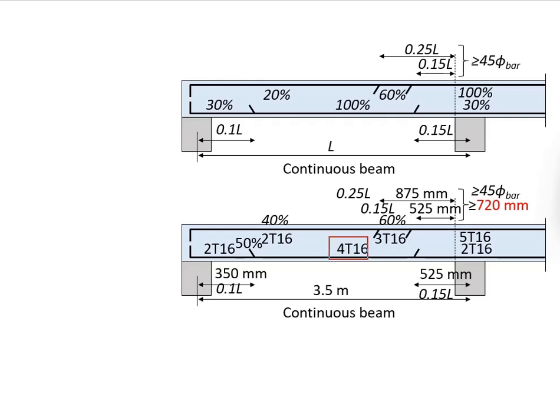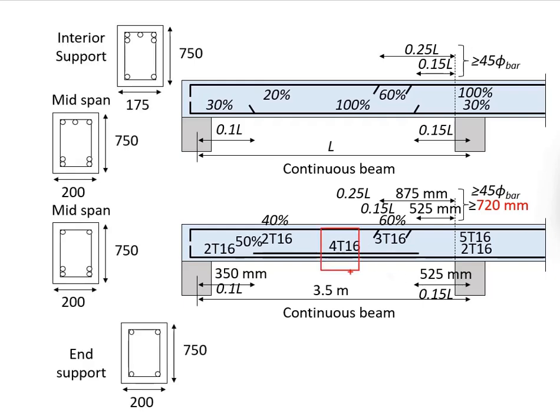That means you can cut the 2 reinforcements which are staggered on top of the reinforcement. Initially, you have 4 T16 arranged in this manner. Then you curtail the top rebar here. That gives you 2 T16 near the support. You need to keep at least 2 bars here, one at each corner. So that would be the arrangement here.